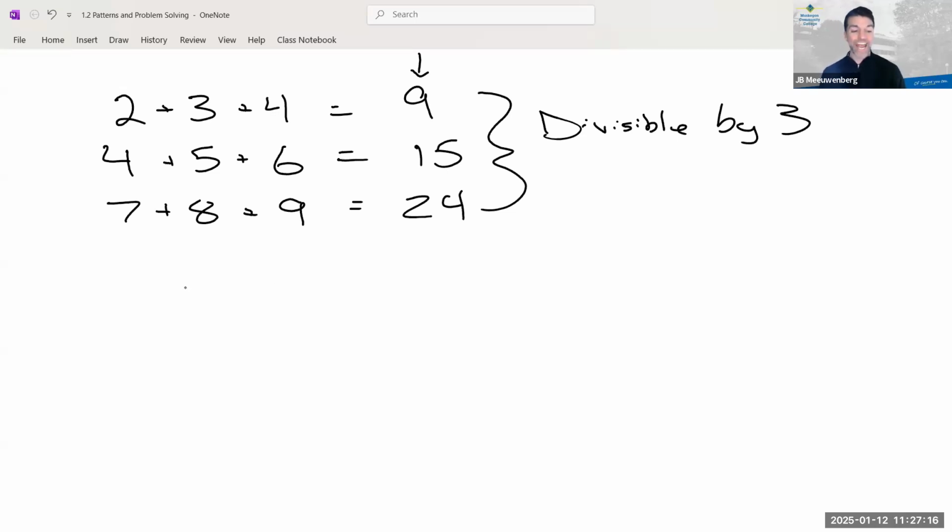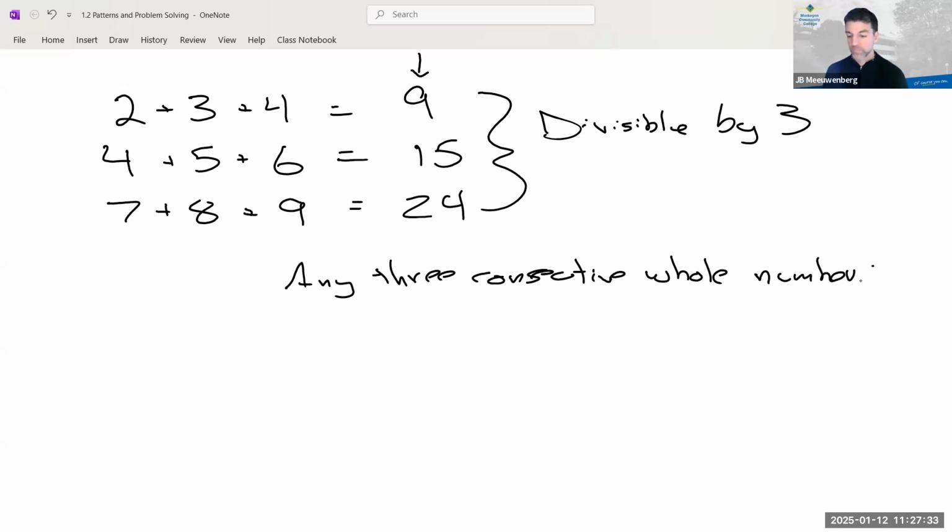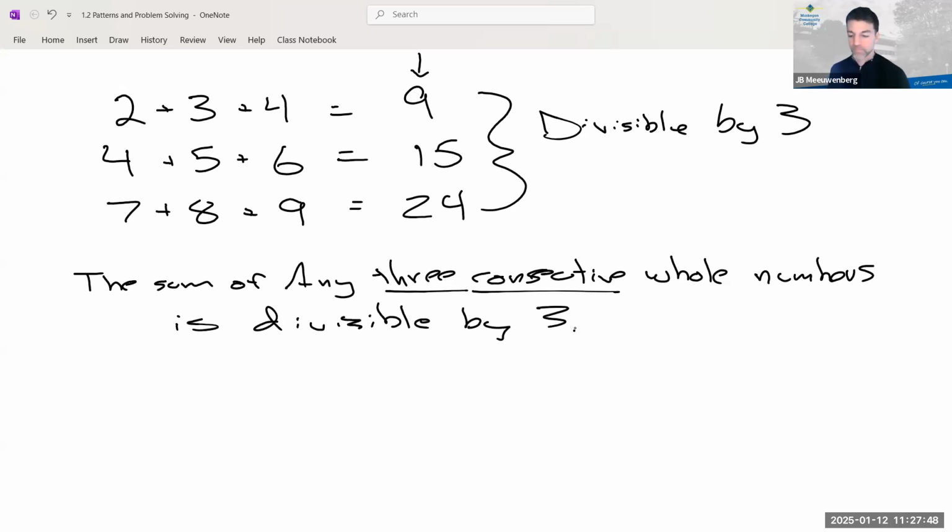So my question is, can we draw a conclusion that the sum of any 3 consecutive whole numbers is divisible by 3? So how do we do this?